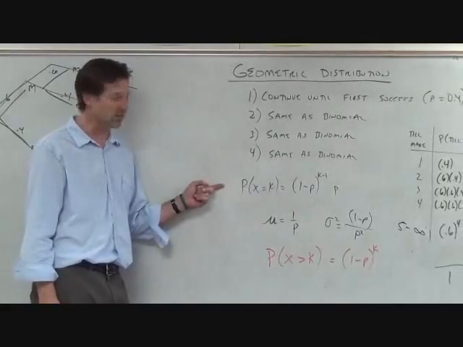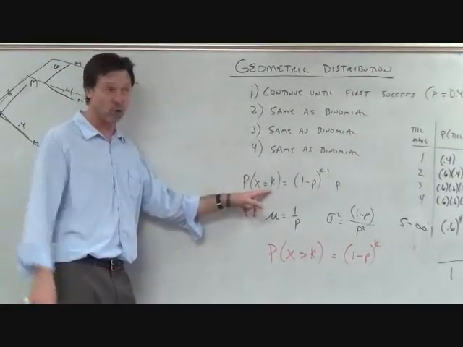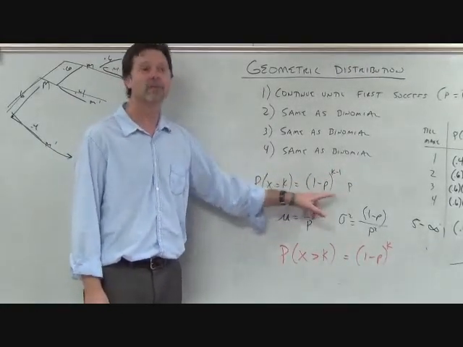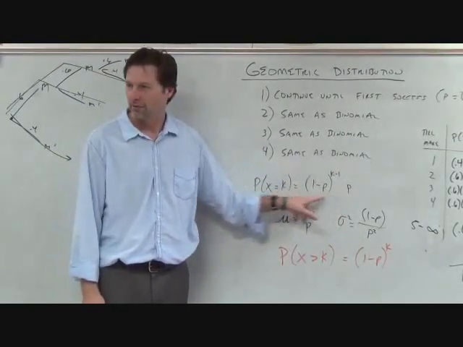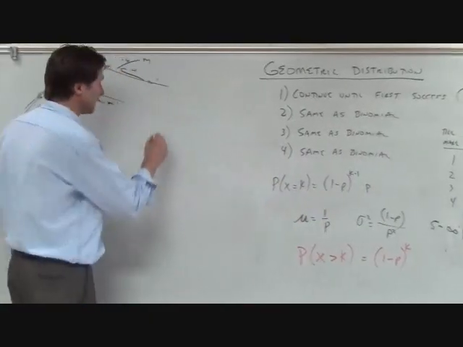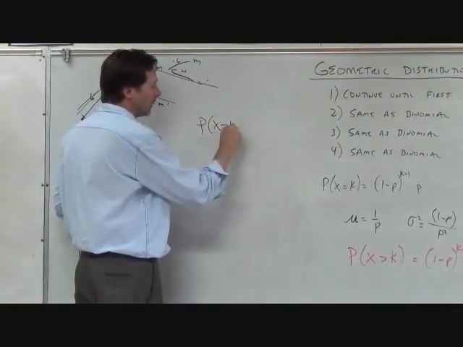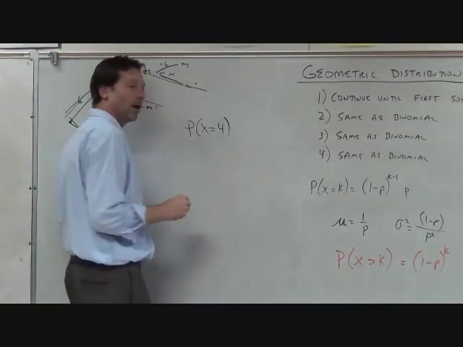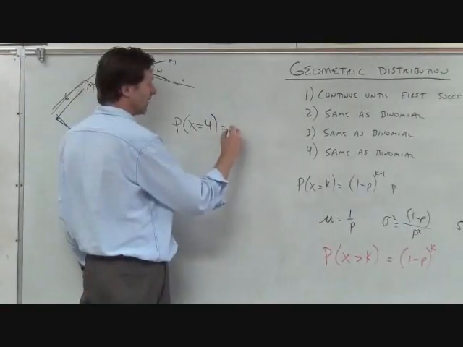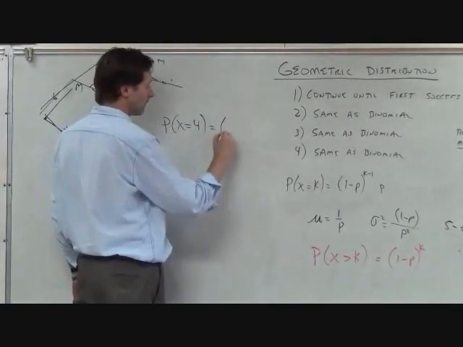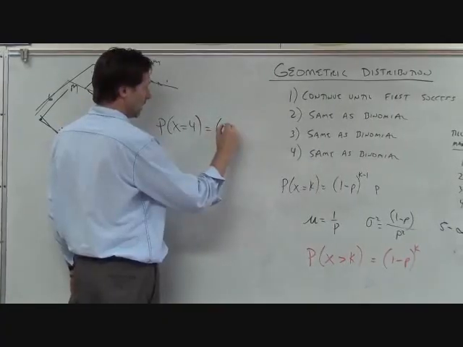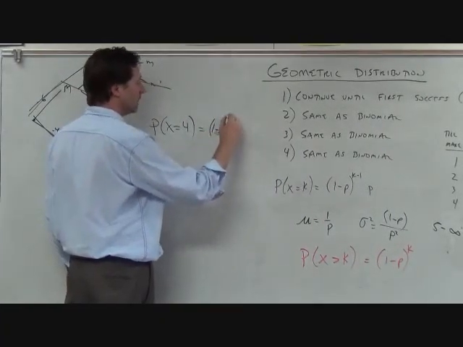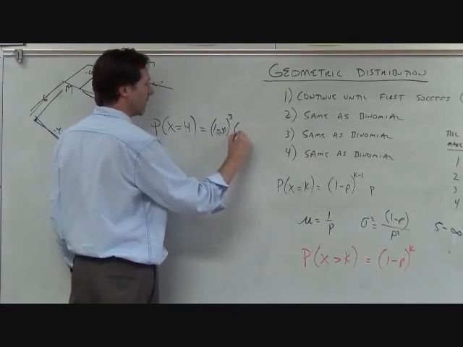So let's think about what this says here. The probability that there's going to be 4 shots, that means I'm going to have 3 makes, and then I'm going to have my miss. Does that make sense? So how you would do a problem like this, the probability of having 4 total shots, that's going to be 0.6, or 1 minus 0.4 to the third, and then I want my success.